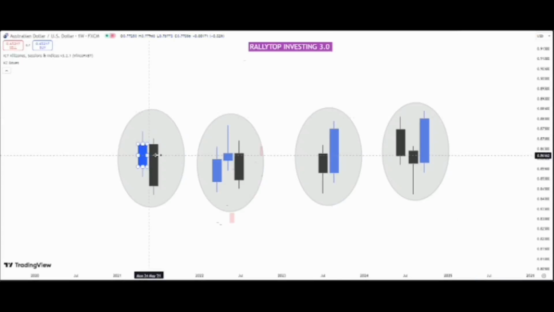Meaning that after the weekly time frame, you will have to switch to the daily time frame to find any of these two candle patterns. Either you find this first one, you can call it an engulfing pattern if you like, but this is what you need to see on the daily time frame before you take any action.